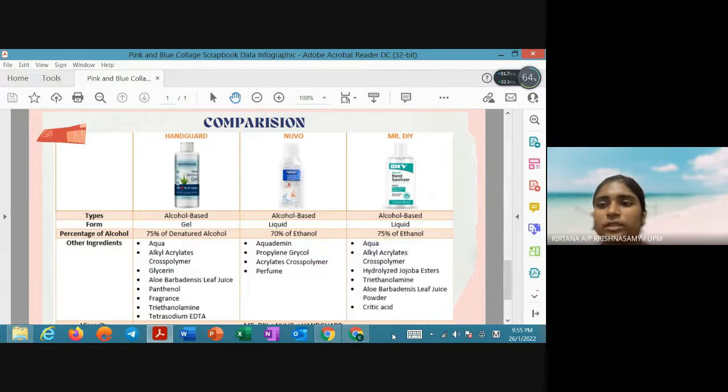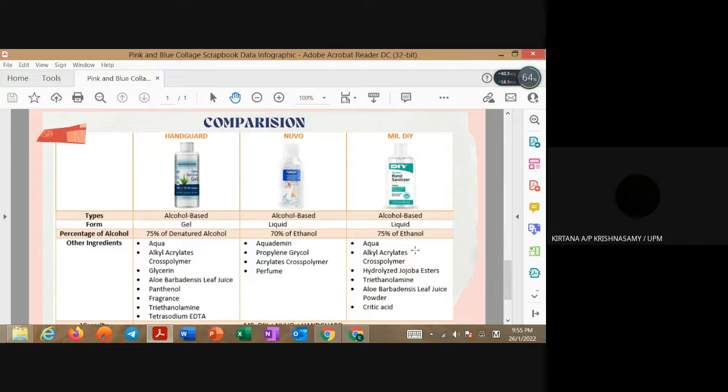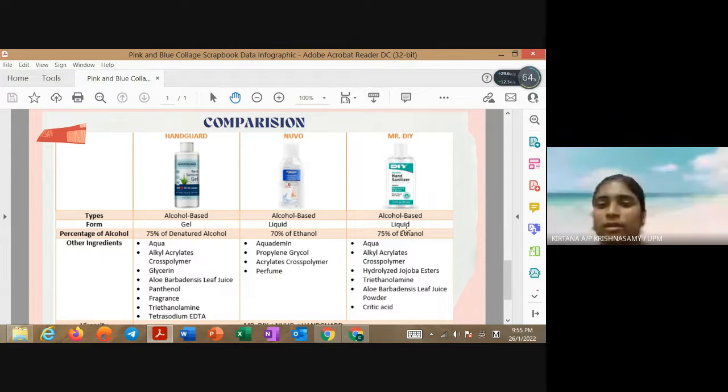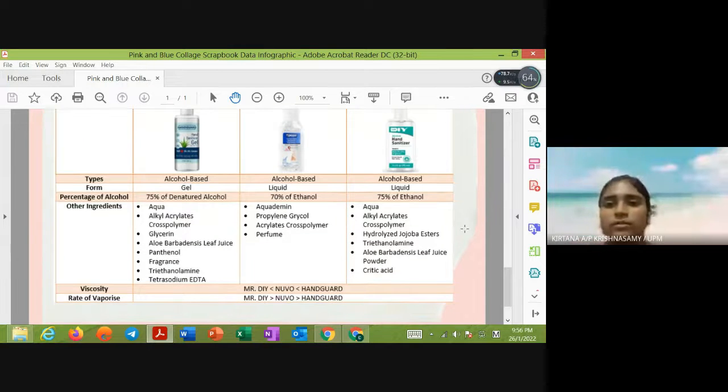The form of Handguard is gel, Nuvo is liquid, and Mr. DIY is also liquid. The percentage of alcohol in Handguard is 75% denatured alcohol, in Nuvo it is 70% ethanol, and in Mr. DIY it is 75% ethanol.